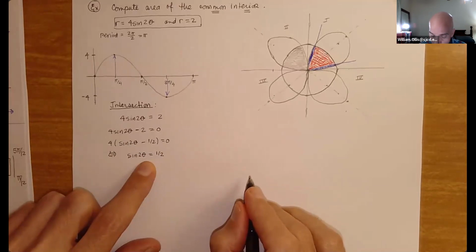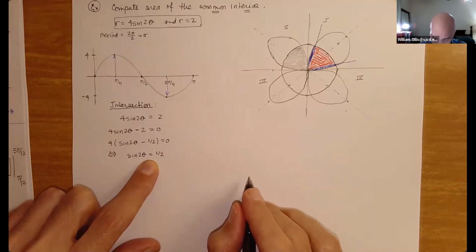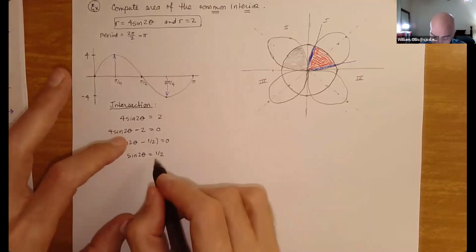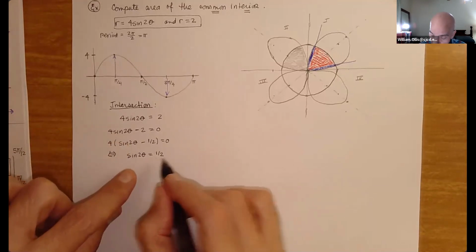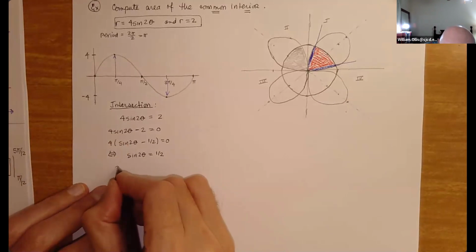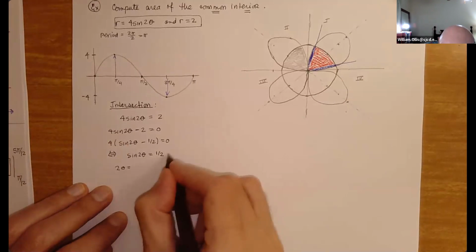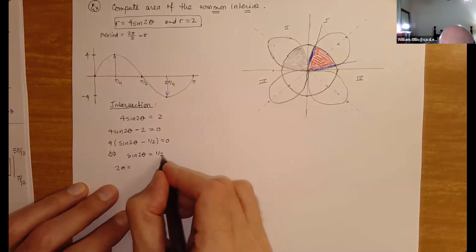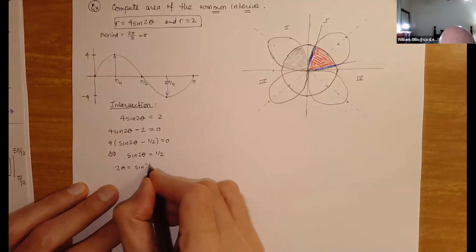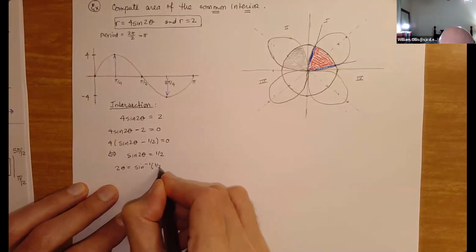And now what we want to do is just solve this with the multiple angle bit and then move it forward. So what we can see is we've got 2 theta, and this will be in the first quadrant because this is positive. So we have 2 theta equals inverse sine of 1/2.